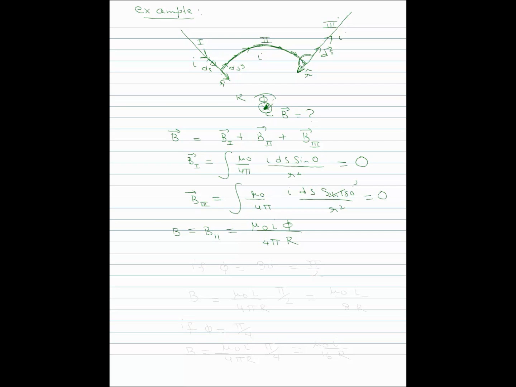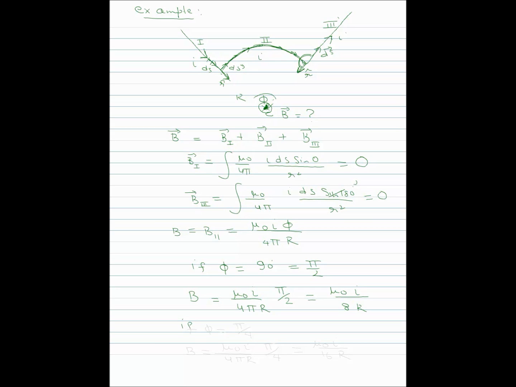Let's consider the case where phi was 90 degrees. If phi was equal to 90 degrees, which is the same as pi over 2, then in this case the magnitude of the magnetic field will be mu 0 I over 4 pi r times pi over 2, which is mu 0 I over 8r.